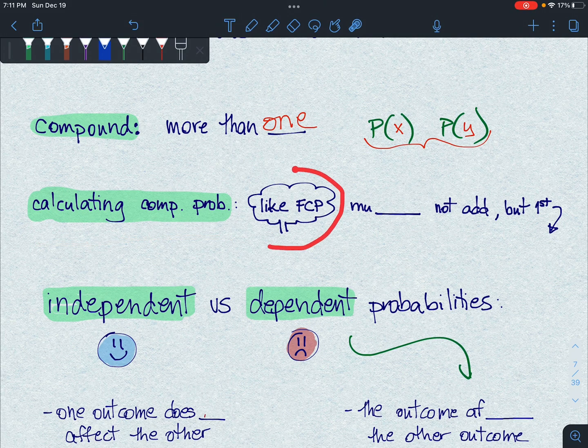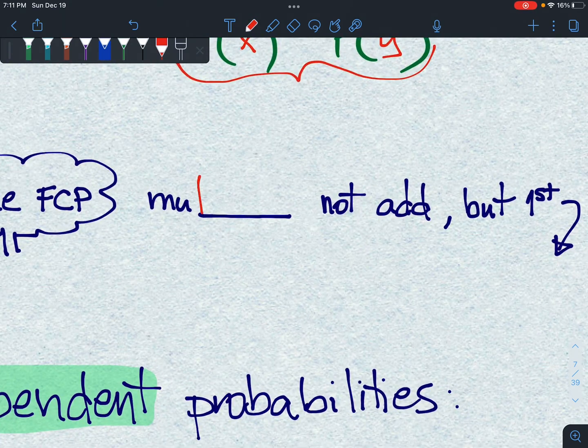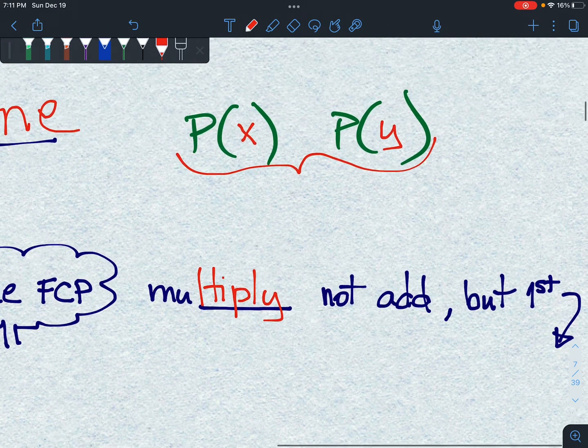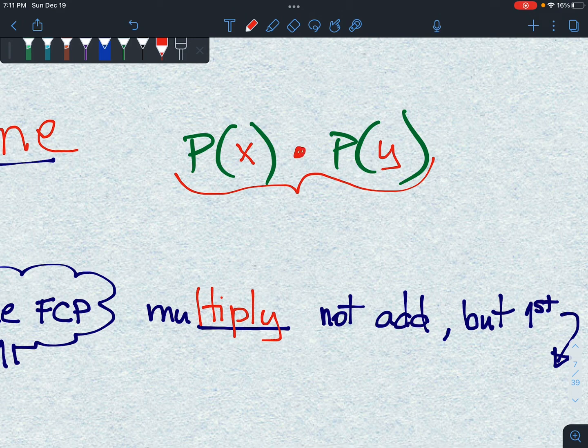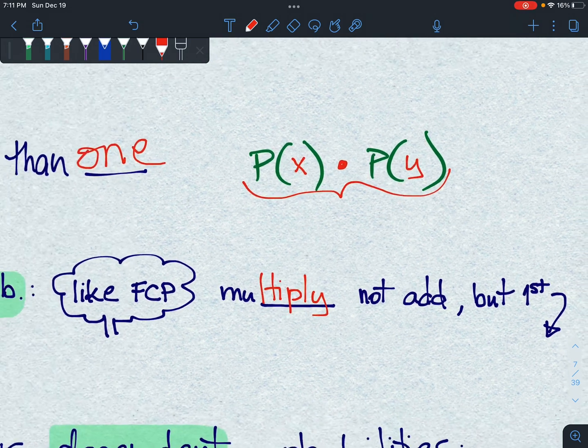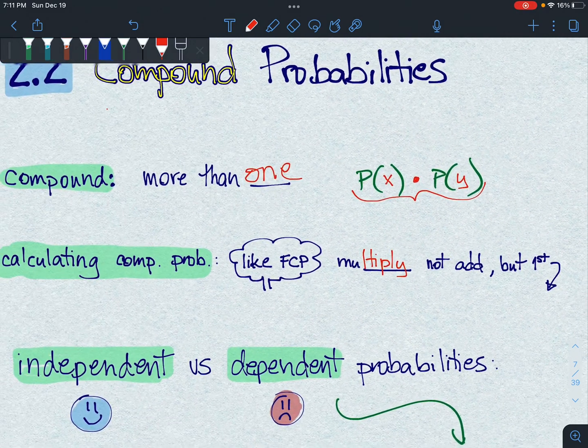But much like the fundamental counting principle, we are going to multiply our probabilities together, not add them up. All right, so going back to that little visual here, we are going to multiply the probability of x times the probability of y.